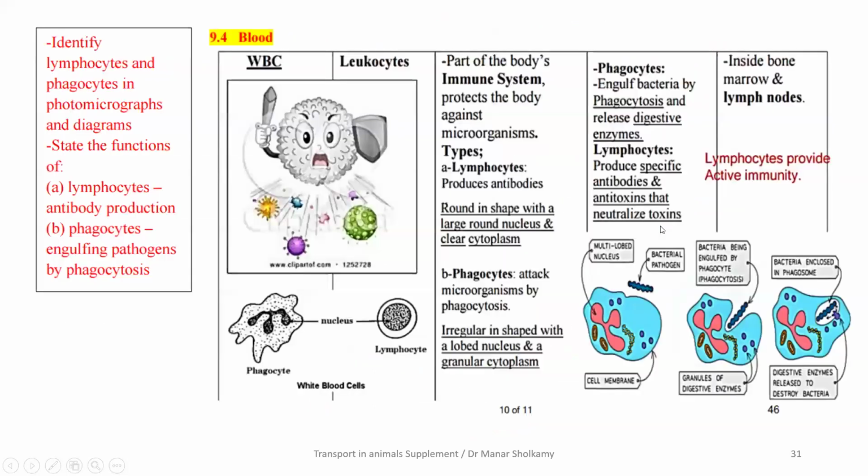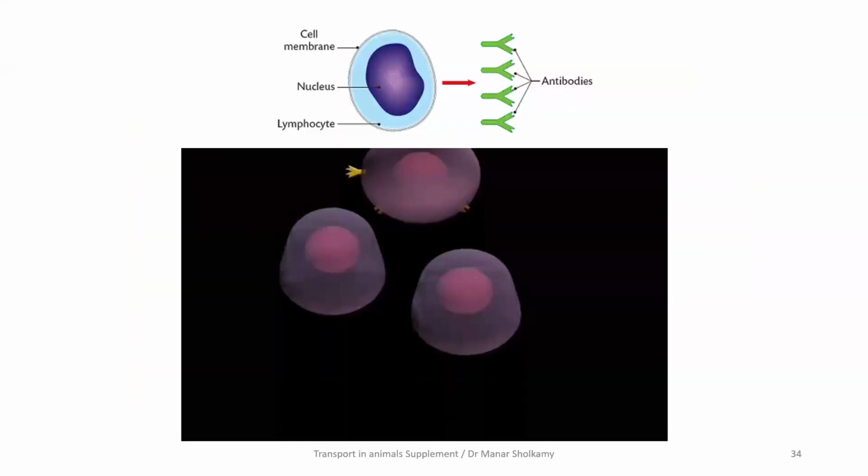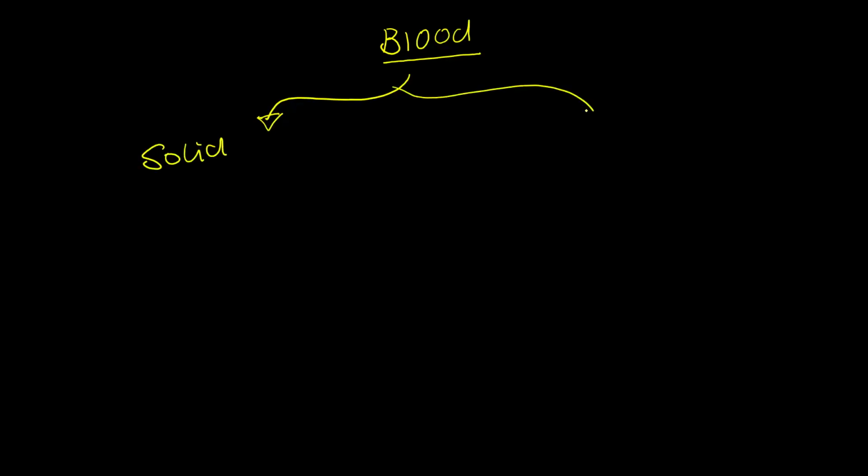Now we will take something new, so we finish. We will take the blood composition. I'm going to jump directly to the blood composition, and I'm going to use a board. The blood is made up of what? The blood is made up of a solid part and a liquid part. The same we took last year with a new piece of information.